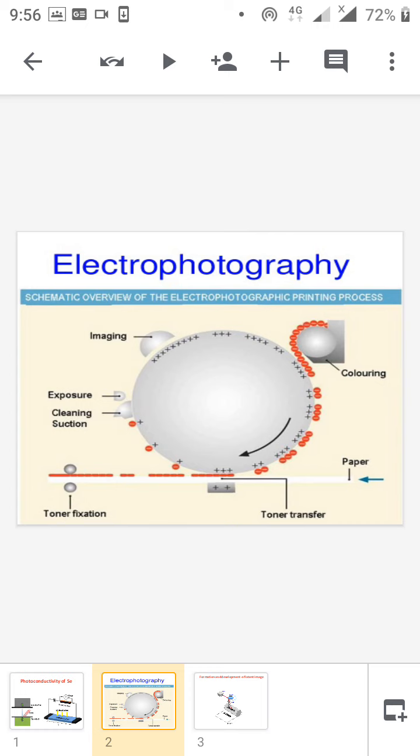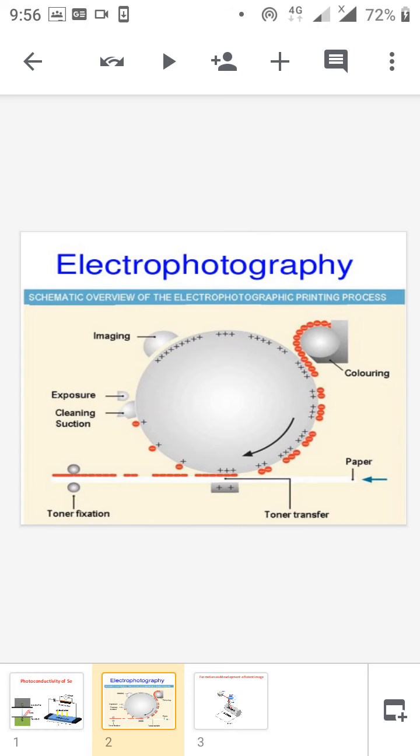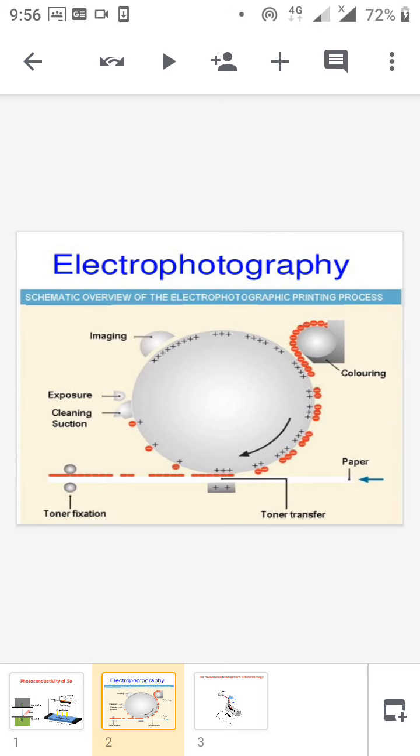Then we have to image the document which has to be photocopied onto this surface, and for that we illuminate the surface using a laser source.